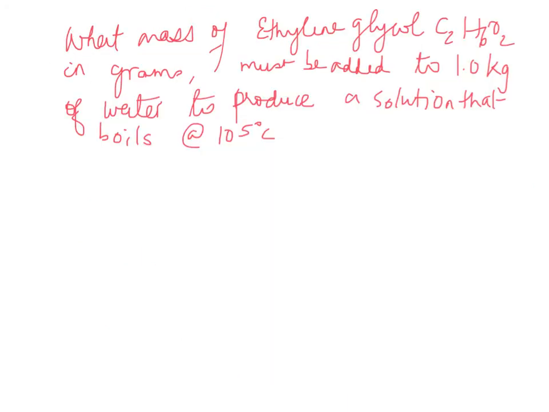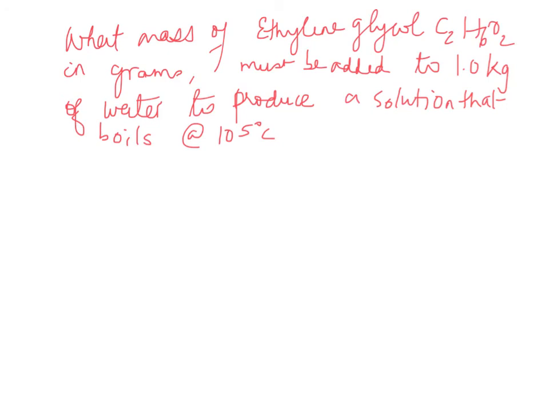Okay, I want to try out another question so you can see where we are going with this. The question is, what mass of ethylene glycol in grams must be added to 1 kilogram of water to produce a solution that boils at 105?